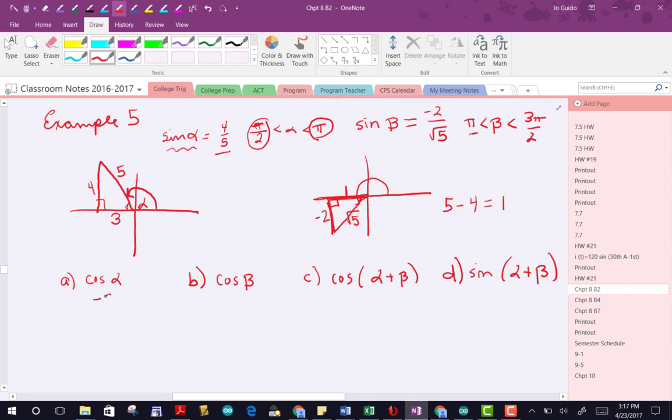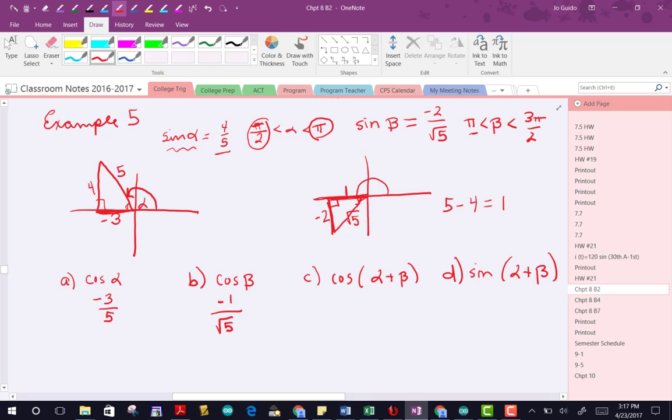If we want to find the cosine of alpha plus beta, we're going to use our new identity. So we're going to find the cosine of alpha times the cosine of beta minus the sine of alpha times the sine of beta. We found the cosine of alpha in part A, so we got -3 over 5.